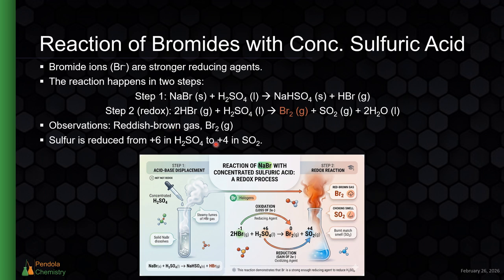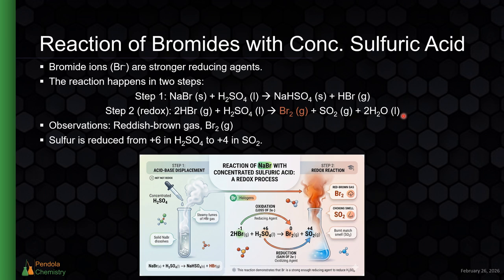So, in the first step of this reaction, just like with the sodium chloride, the sodium bromide, which is a solid, is going to react with the sulfuric acid to create the sodium bisulfate and HBr gas, just like it did with chlorine. This reaction is a parallel of the chloride reaction. But a secondary reaction also happens.